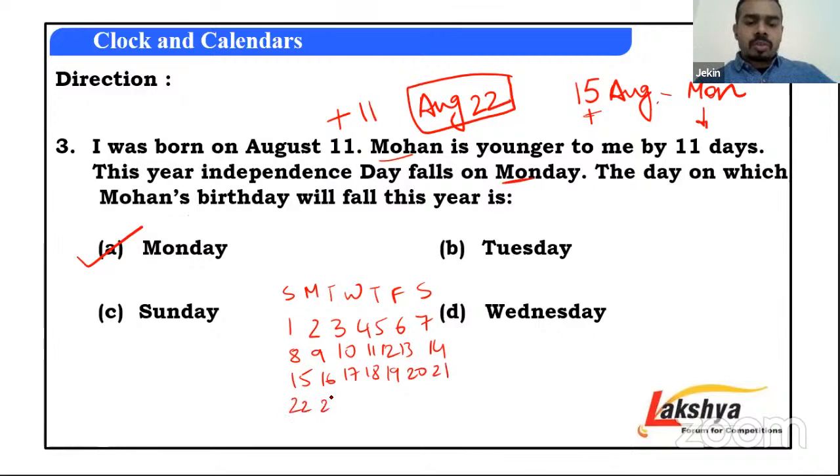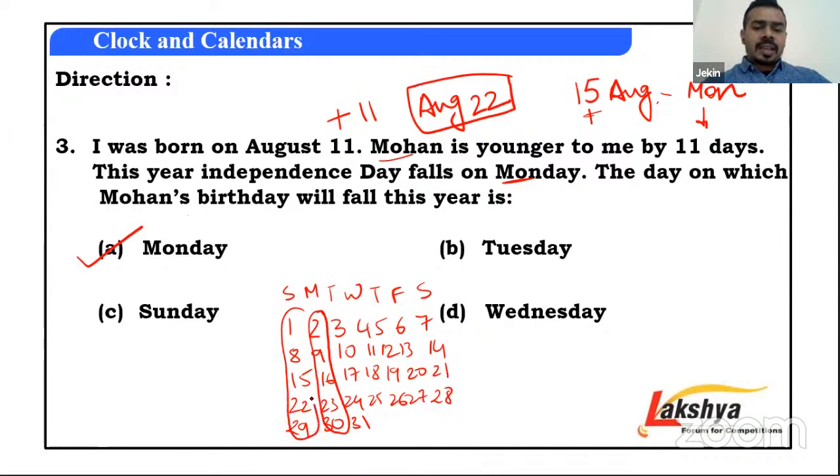This is 22, 23, 24, 25, 26, 27, 28, 29, 30, 31. What does this mean? All your 2s, 9s, 16s, 23, 30 will fall on a Monday.